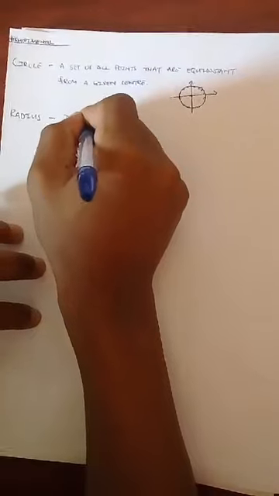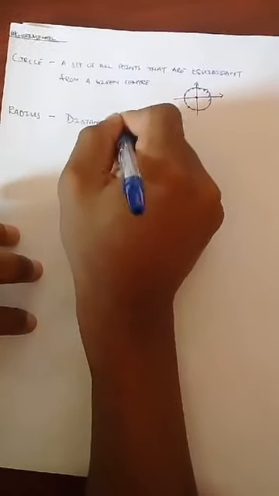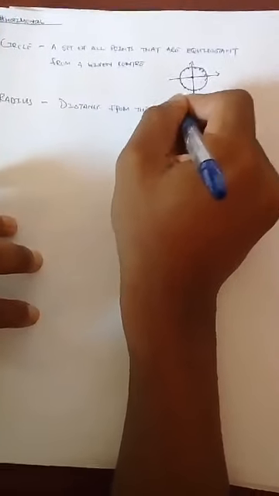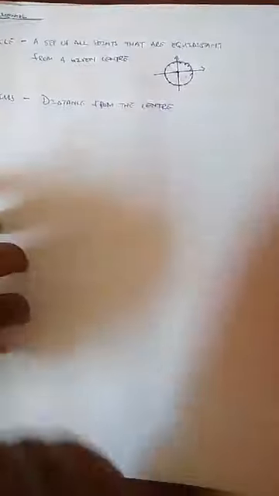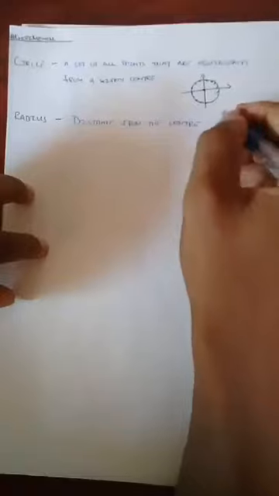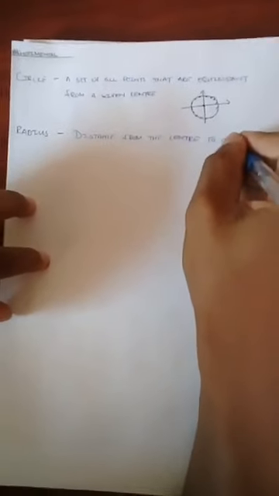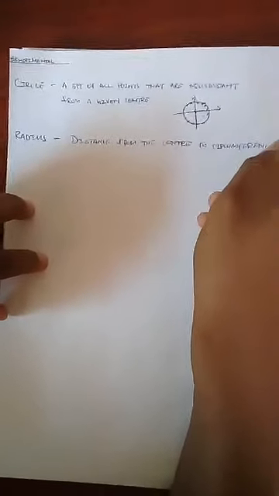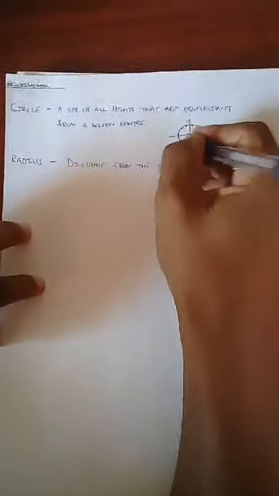So a radius of a circle is that distance from the center to, I think I should say, the circumference, because that outer part, that surface, that boundary of the circle is known as the circumference.